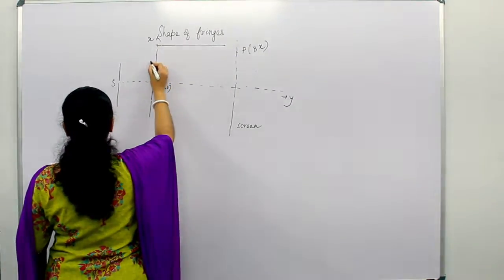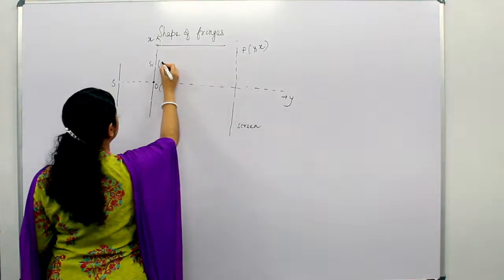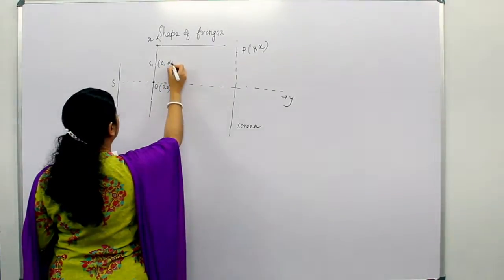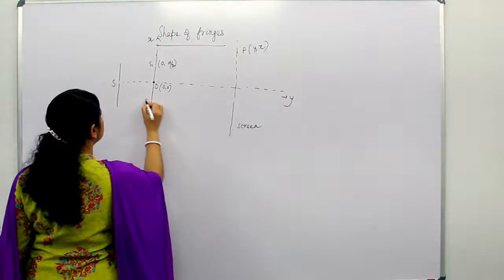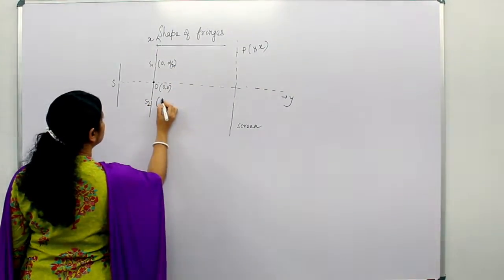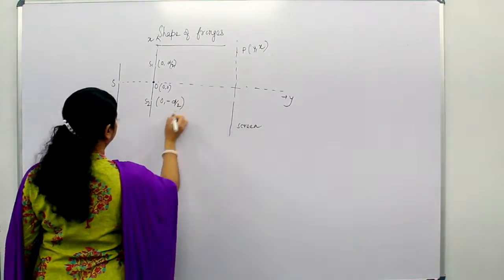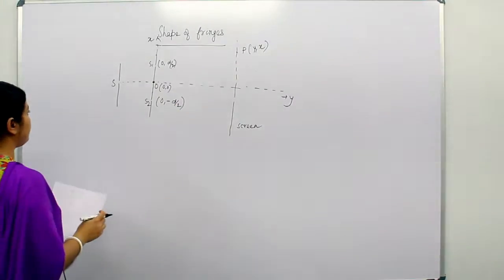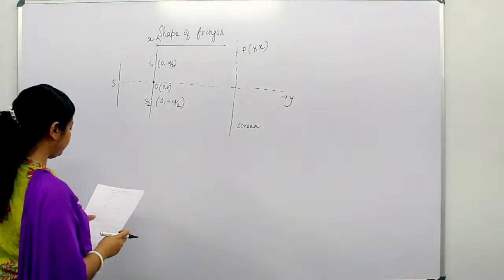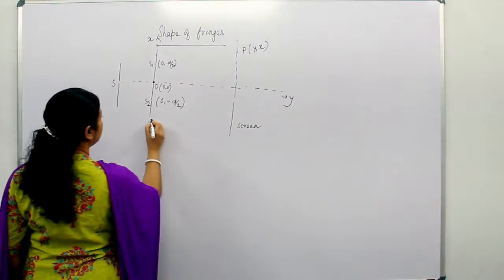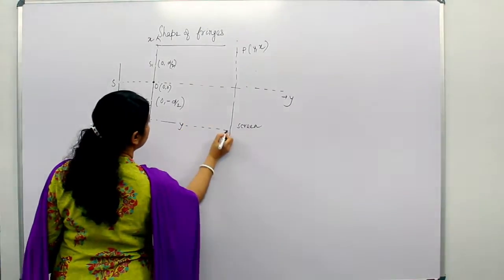This is slit 1, its position is 0, d by 2, and this is slit 2, the distance between the two slits being d. This distance is y.